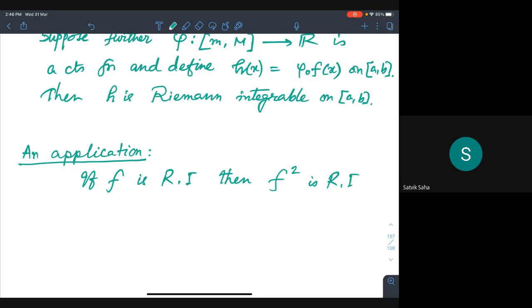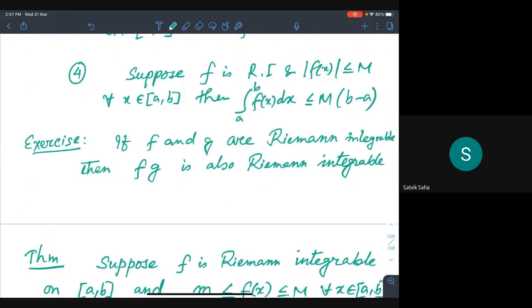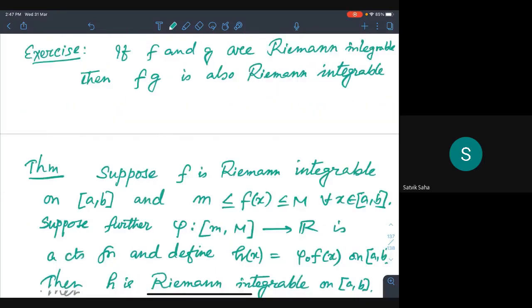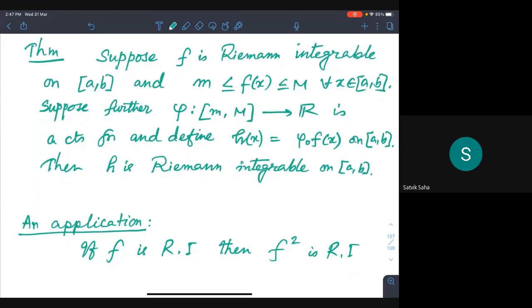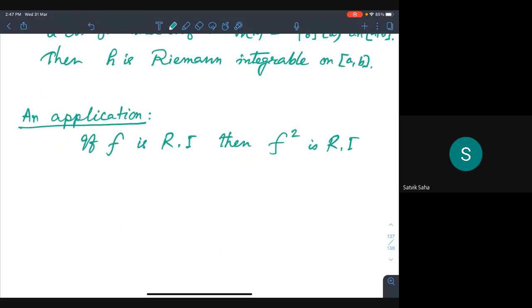And you can go on to x cubed, x to the power 4, x to the power 5, all this. This also comes as a corollary to this theorem. So this is interesting. Let's give a proof of this.